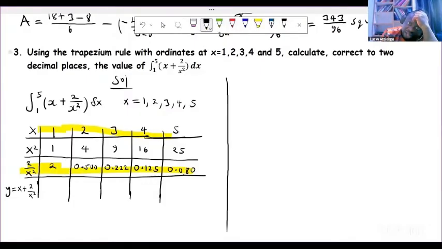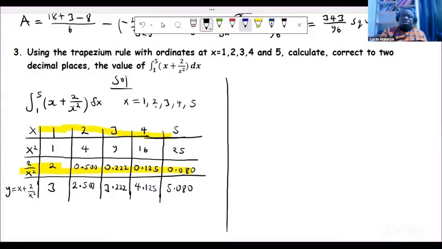That is our y, right? So if you add 1 plus 2, that's 3. So this will be 2.500. This will be 3.222. This will be 4.125. This will be 5.080. Good. So the next step is applying the trapezium rule.